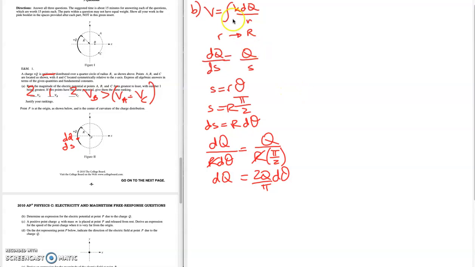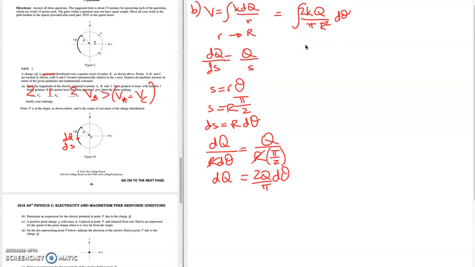Now let's go back to our original integral, because remember, we don't know how to integrate over charge, but we do know how to integrate over distance and angle, because angle is just a type of distance. So let's substitute everything back up into that integral, and we'll have k times 2 times Q divided by pi, and this is radius squared, and then we'll have d theta.